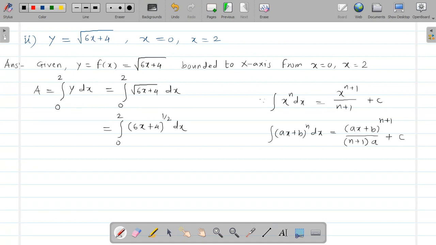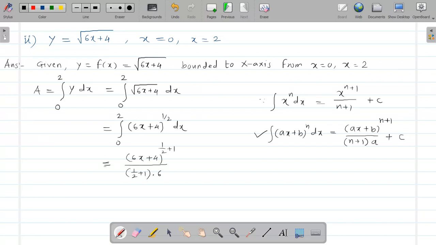That is, a is nothing but the derivative of ax plus b. Okay. So by this rule, now here we will apply this rule to evaluate the integration of 6x plus 4 raised to 1 by 2. Then how will you get here? See here carefully. It will be 6x plus 4 raised to 1 by 2 plus 1 upon 1 by 2 plus 1 into the derivative of 6x plus 4, which is 6.